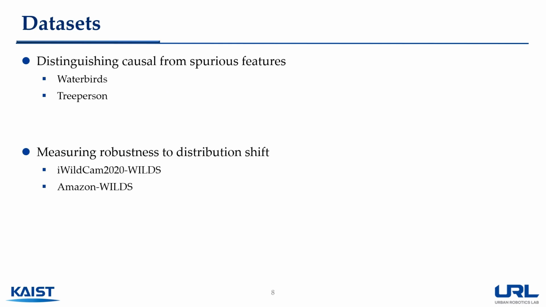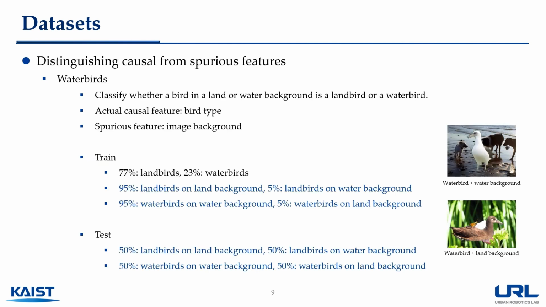This is the dataset. It is divided into two categories. One is distinguishing causal from spurious features. The other is measuring robustness to distribution shift. Each part uses two kinds of dataset. So first is Waterbirds.